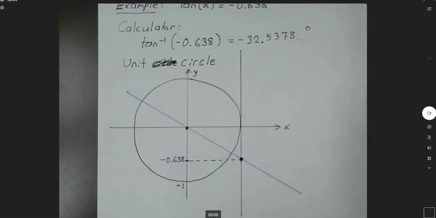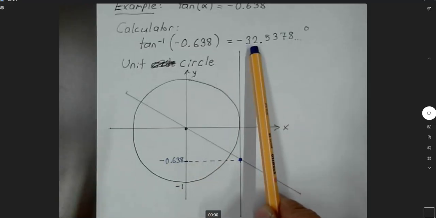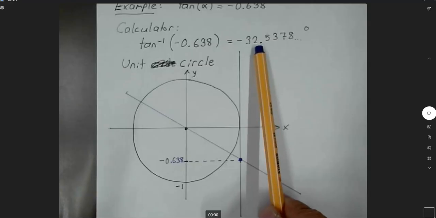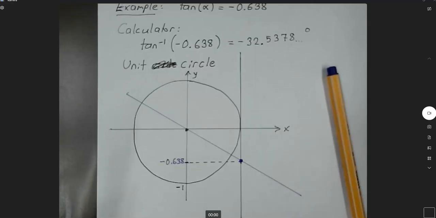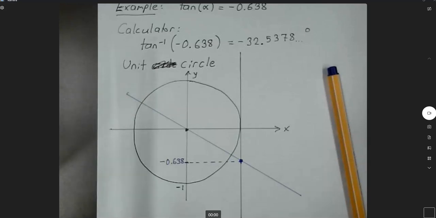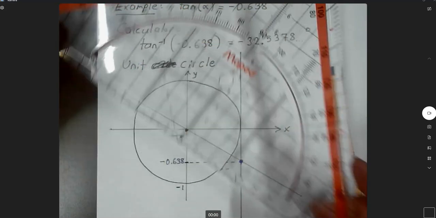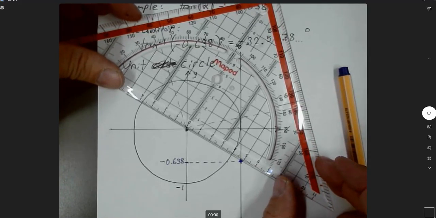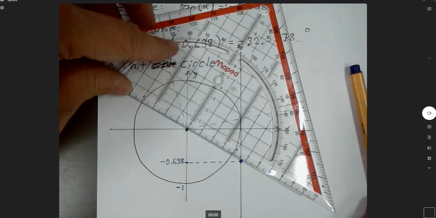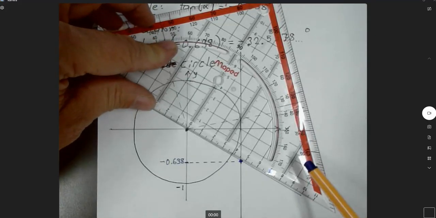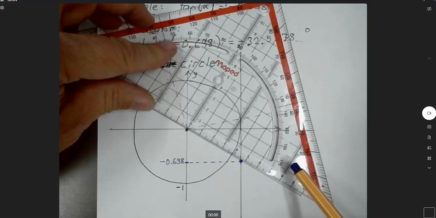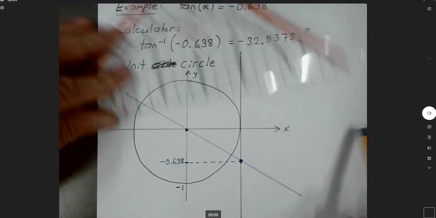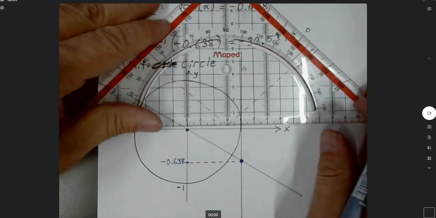And as we see from the picture, or see from the calculator, the value of the angle is about -32 degrees, and if we measure the angle here, you can see that it is quite near, because there's this horizontal line. I will continue that.